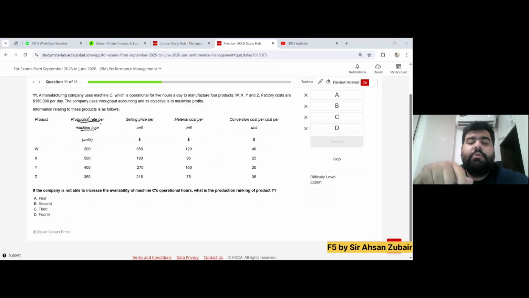Anytime the question gives a rate per machine hour or units per machine hour, just take the reciprocal of that. Reciprocal means if it's 200, calculate 1 over 200. You will get machine hours per unit.